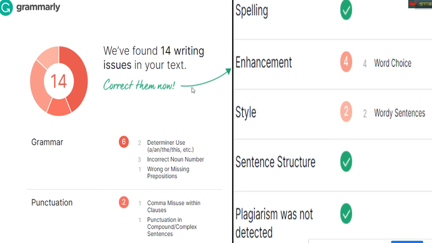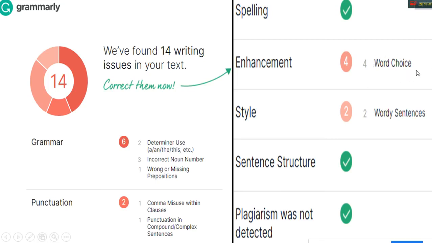So here we got some grammar mistakes, punctuation mistakes, no spelling mistakes, and enhancement, a little bit of word choice. This is not so important in terms of writing, because sometimes the machine does not read your mind.